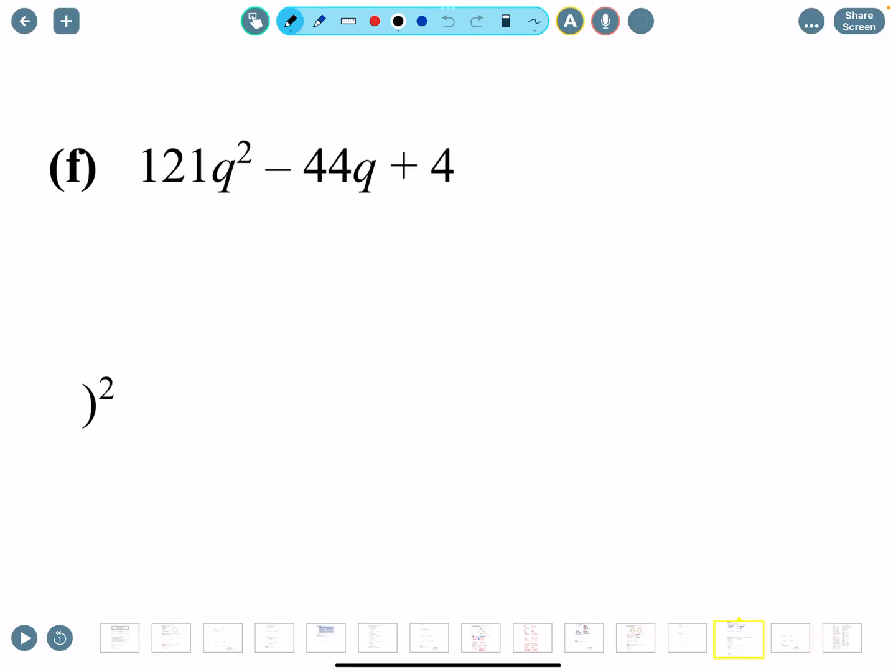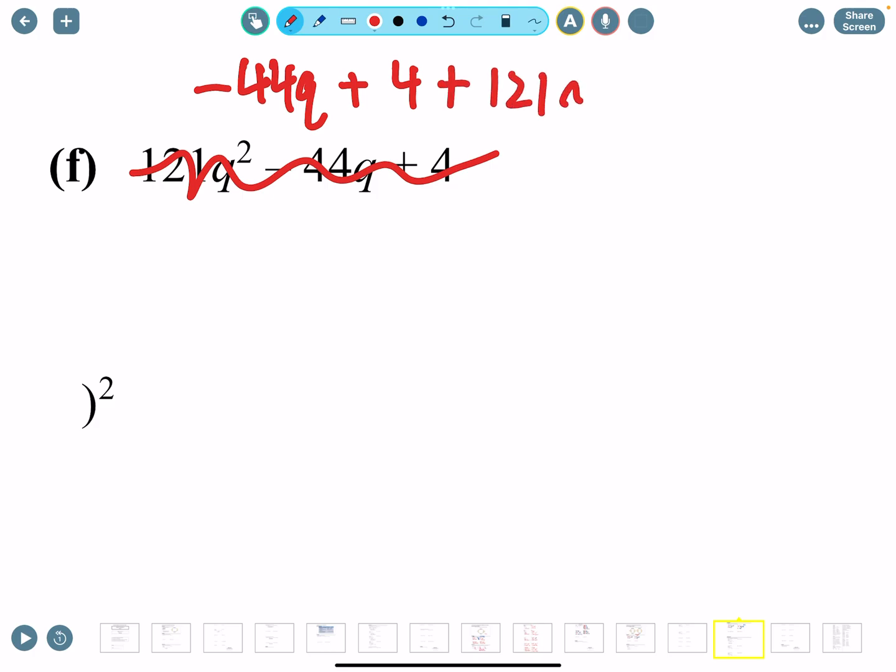Okay, just in case they rearrange the terms, I rearrange it like negative 44q plus 4 plus 121q squared. 44q, you cannot change it to a square. 44 is not a square number to start with. So what you have to do is rearrange it first.